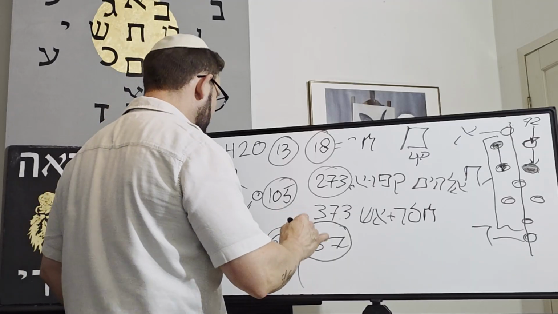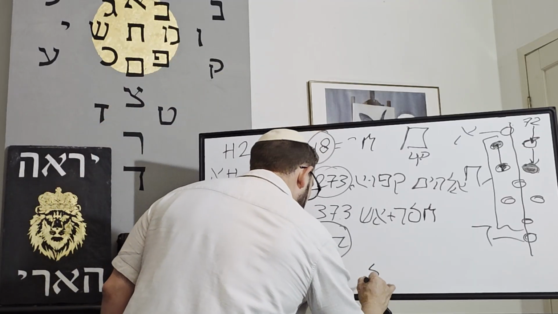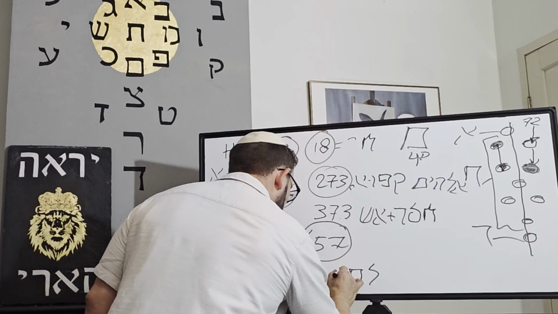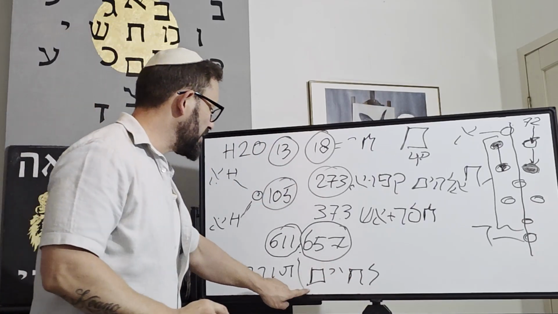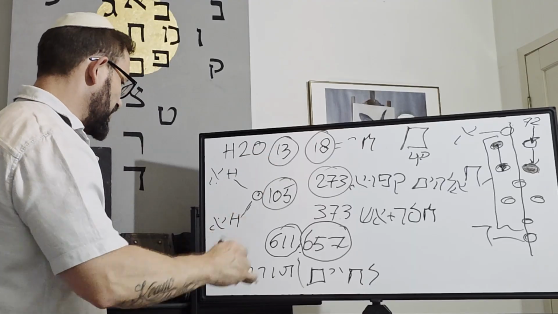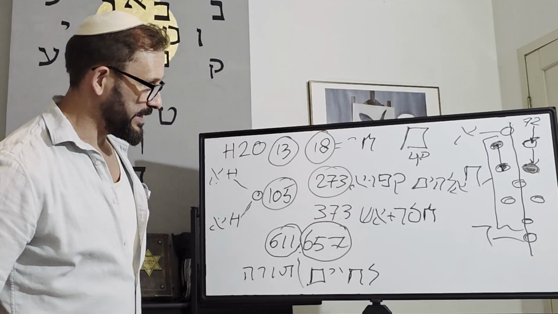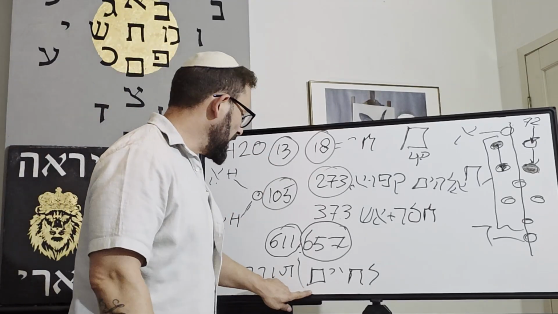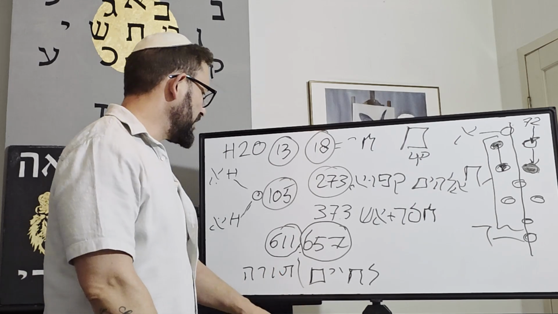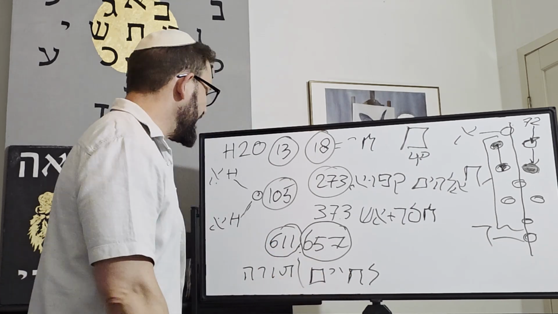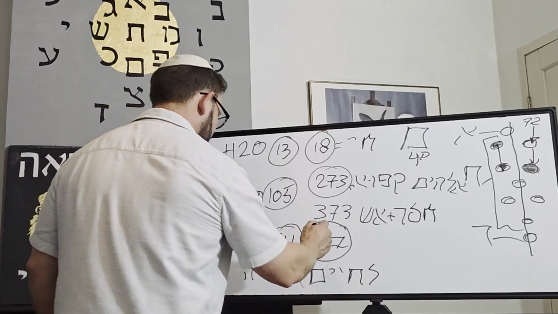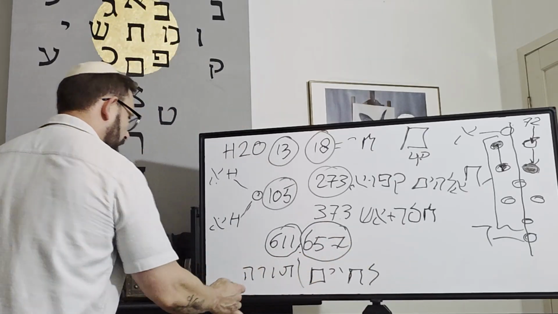657 is namely the value of L'chaim with a Mem Sofit, and the Mem Sofit value 600, sorry. The Kaf Sofit is the next, is 400, Mem Sofit is 600, 620, 650, 658, so it's an inkolel, but this is L'chaim Torah.